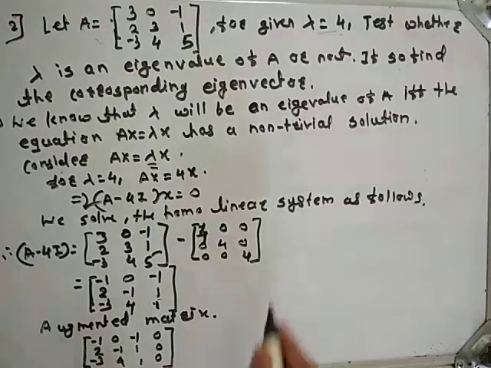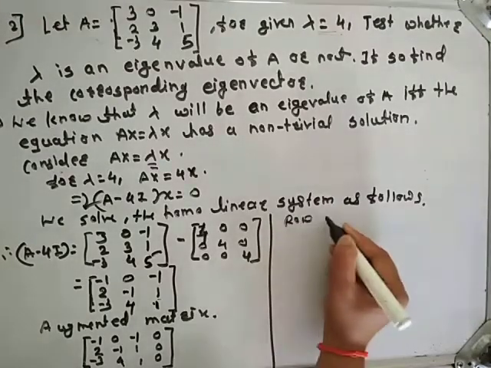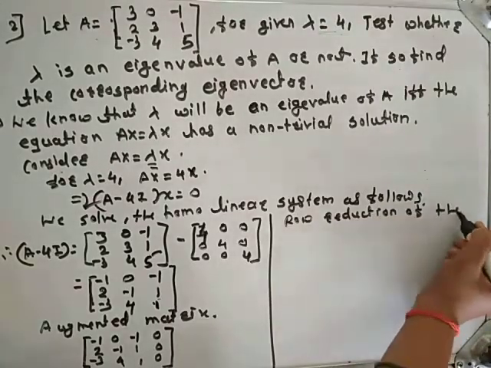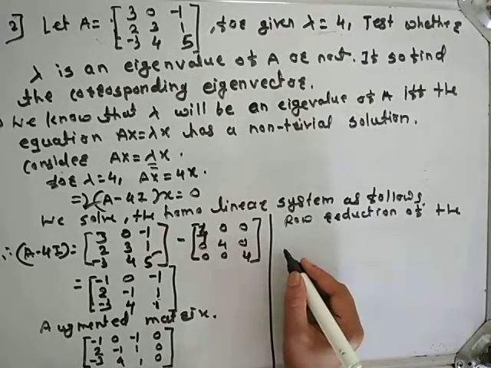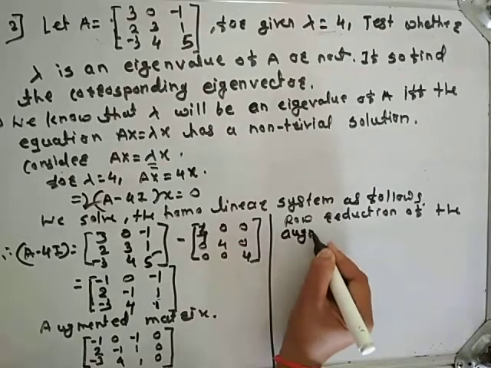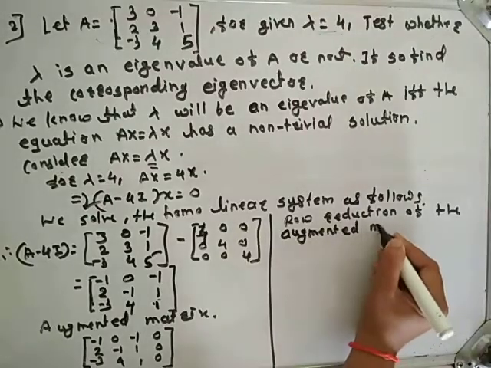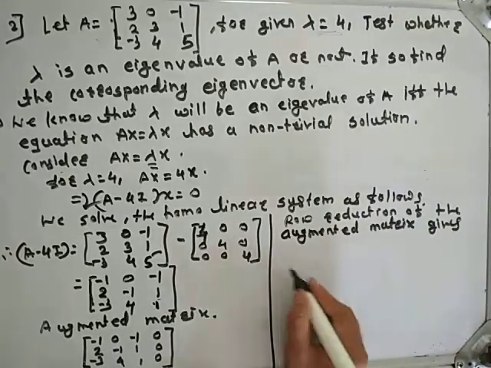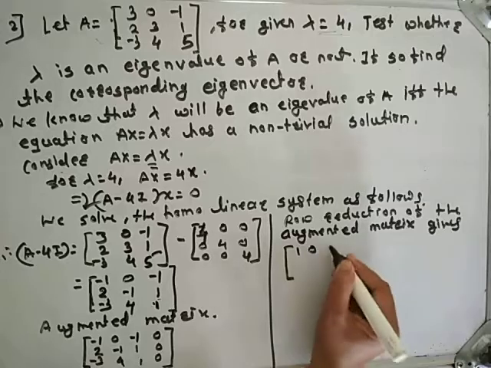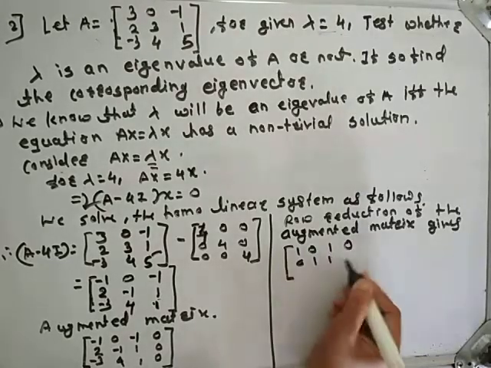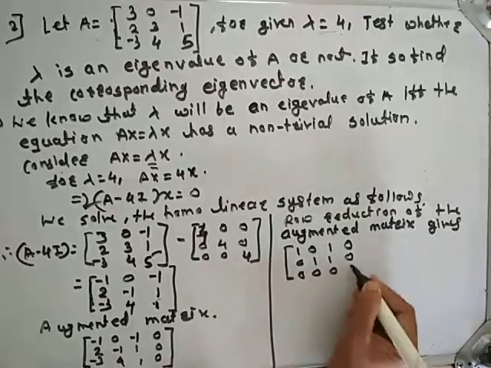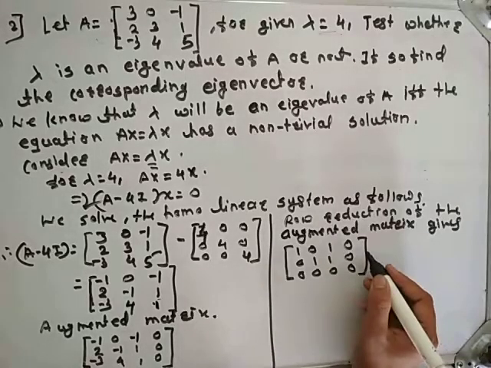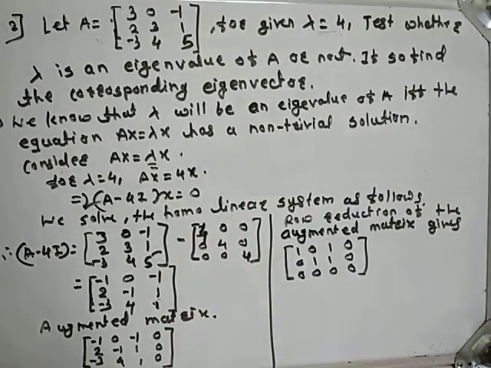Row reduction of the augmented matrix gives the matrix 1, 0, 1, 0, 0, 1, 1, 0, 0, 0, 0. Here I will write directly the row reduction of this augmented matrix. Obtain this row reduction as homework.